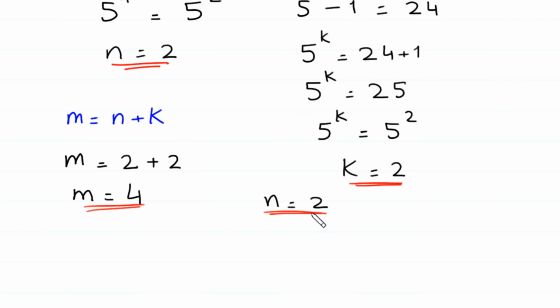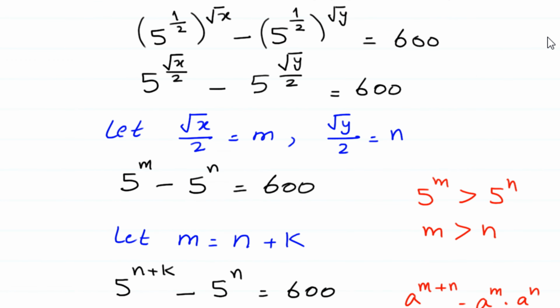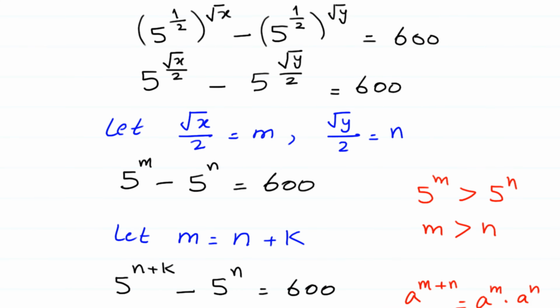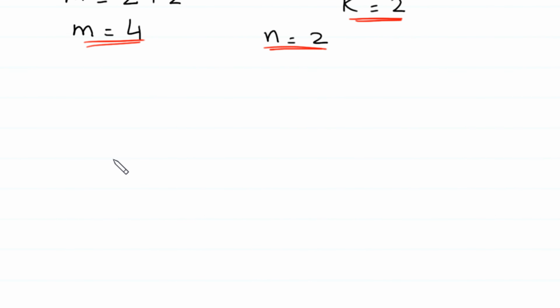Now recall that we have supposed that square root of x over 2 is equal to m and square root of y over 2 is equal to n. To find the value of x in this equation, we put the value of m 4.